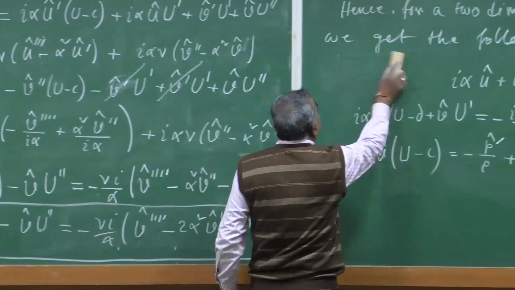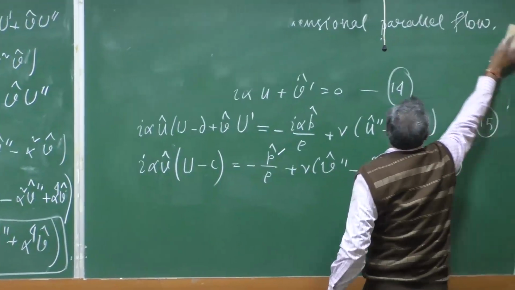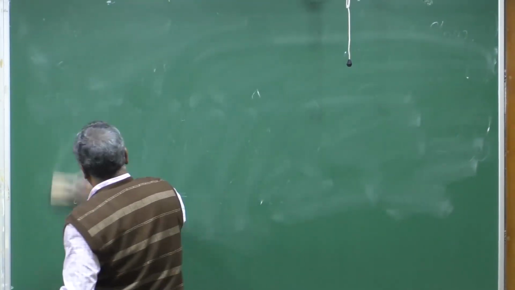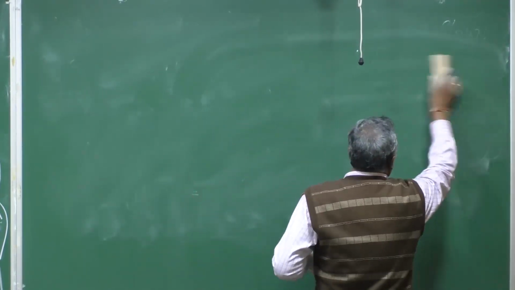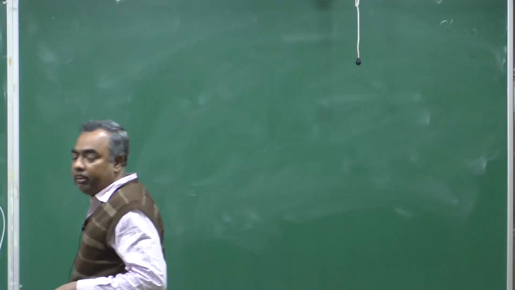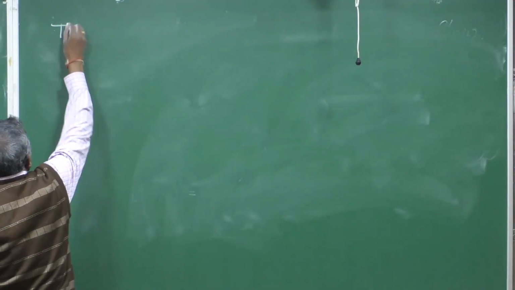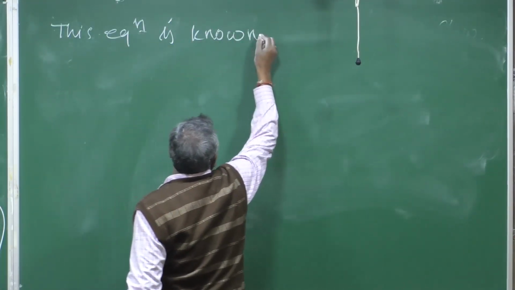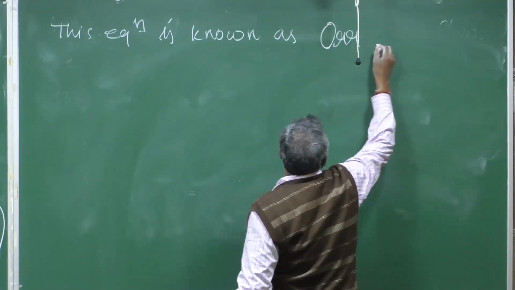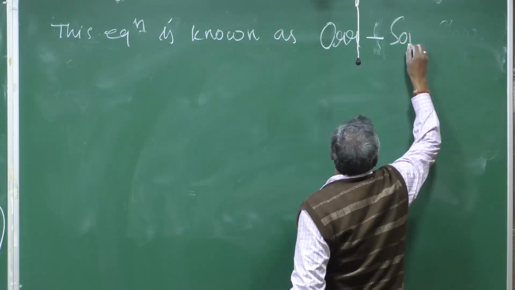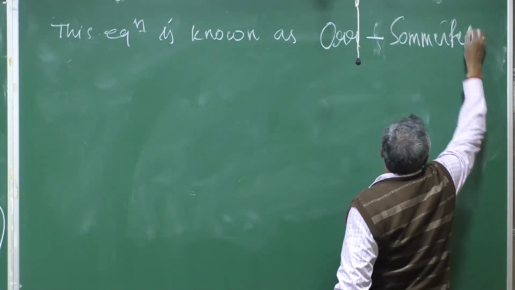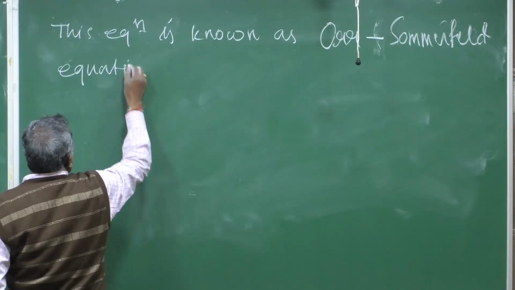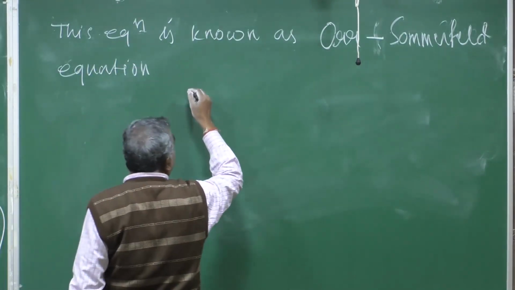Just let me quickly tell you, this particular equation is known as the Orr-Sommerfeld equation, because this particular equation was derived independently both by Orr and Sommerfeld, in 1907 and 1908.